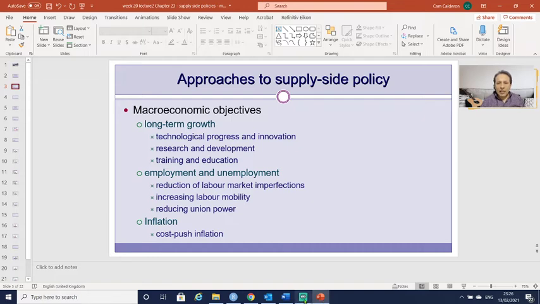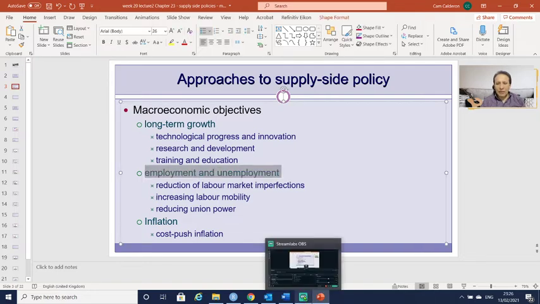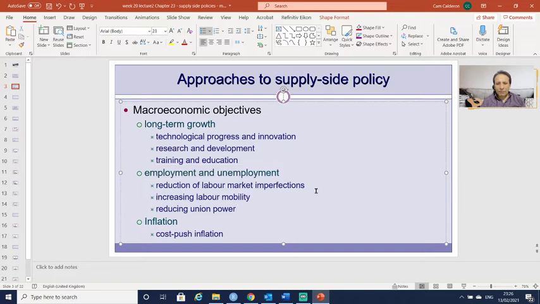Another macroeconomic objective, as you can see here on the slides, is employment and unemployment. In terms of supply side policies that we can use to improve employment and unemployment, we have the reduction of labor market imperfections, particularly when there are too many frictions in the market, or when we have, for instance, too much stickiness in the setting of wages.